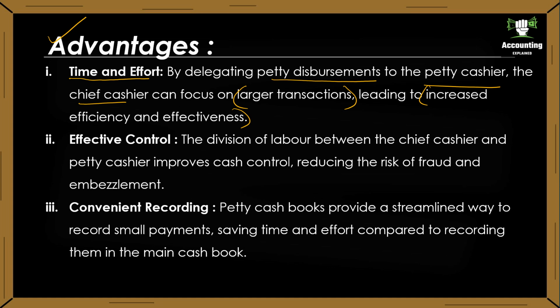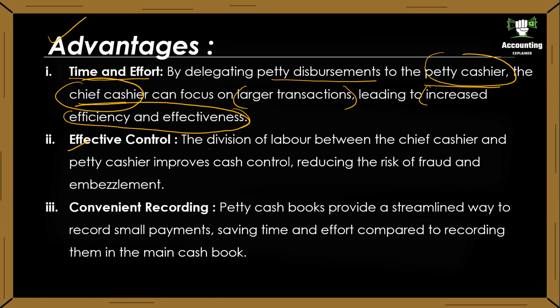Now here, petty expenses will be handled by the petty cashier, and the chief cashier will handle only the transactions which are of high value. So now it increases the efficiency and effectiveness of the chief cashier and the petty cashier.